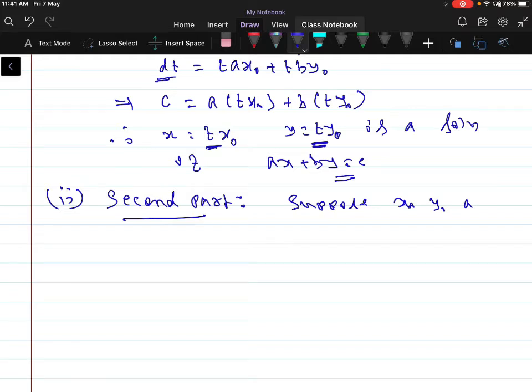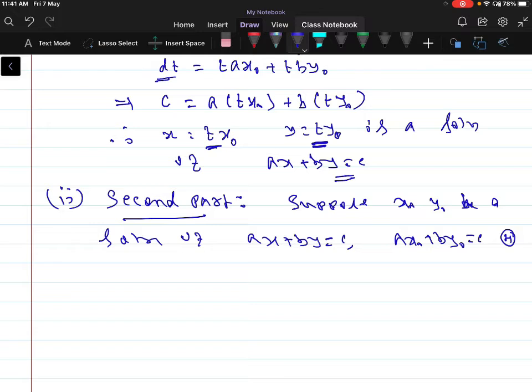Suppose x naught, y naught be a solution of the equation ax plus by is equal to c, then ax naught plus by naught is equal to c. Let us record this as equation number 4. So this is a known solution of the Diophantine equation.